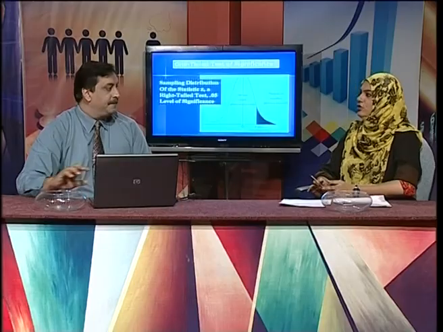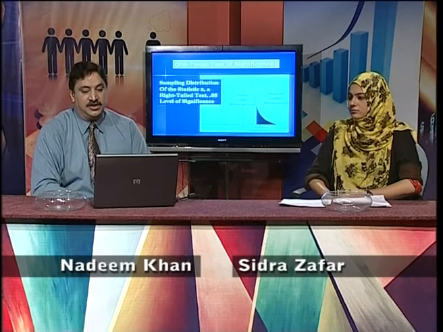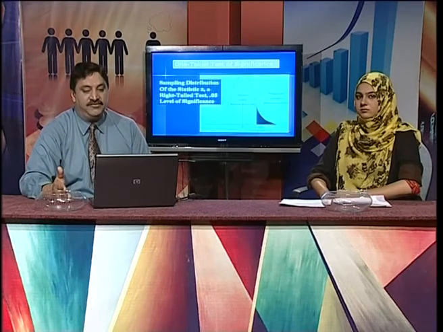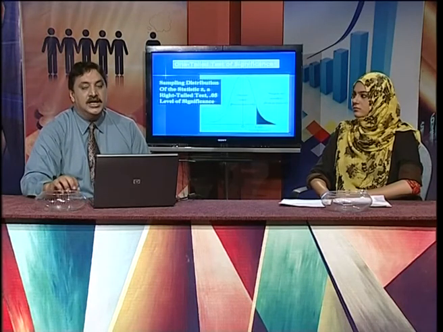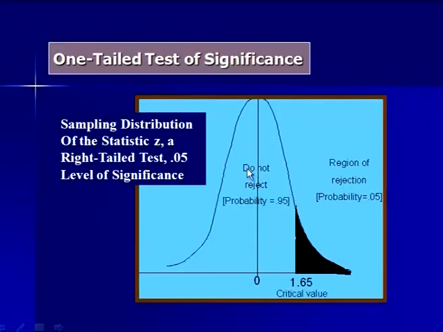The rejection region is also called the critical region of the testing of hypothesis. And the area between minus infinity and 1.65, which is 95% of the area, is the acceptance region of the null hypothesis. You may say we do not reject our null hypothesis if the value of the Z statistic lies between minus infinity and 1.65.